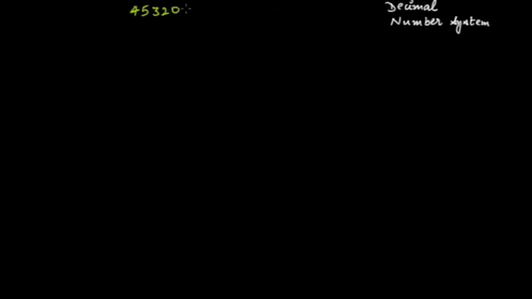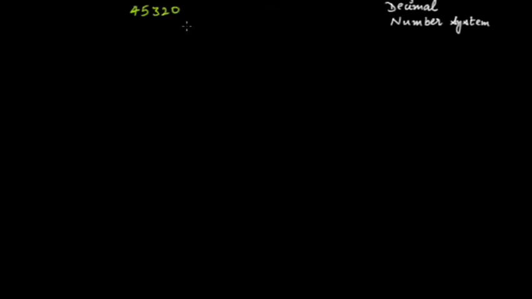Suppose this is the number. This number has been written in the form of the decimal number system. In this number, each digit is assigned to a place, and each place of the number has some value.